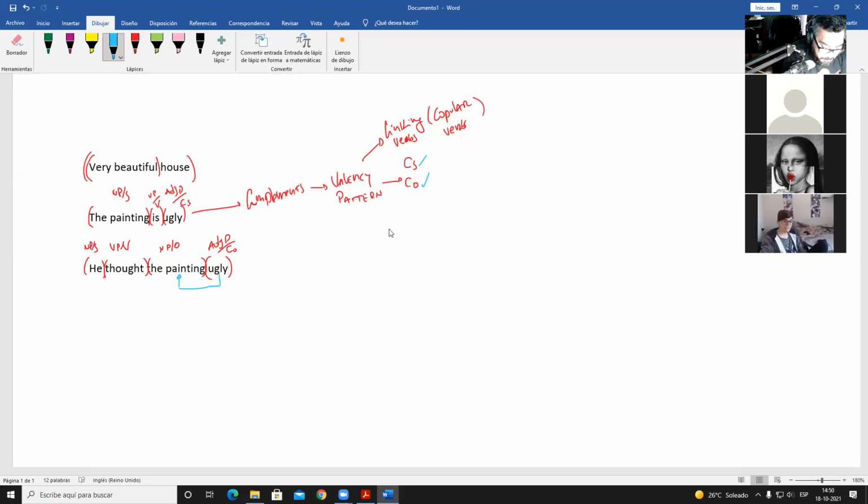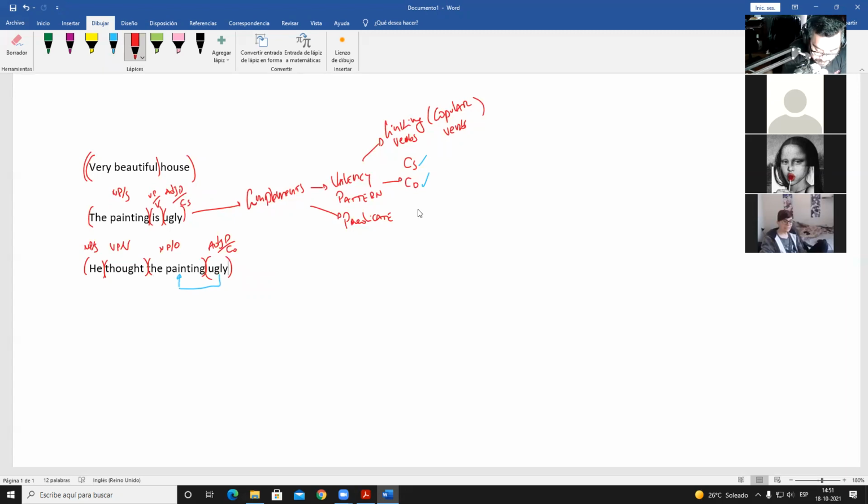The other element that we must discuss is the idea of predicate or predication, they call it, right? A predicate is what's being said about the subject, right? Therefore, in practical terms, a predicate would be everything inside of a sentence except the subject, right?